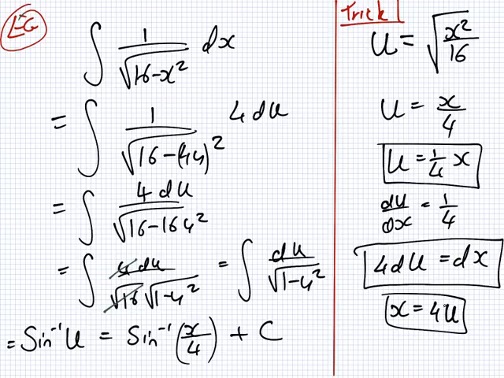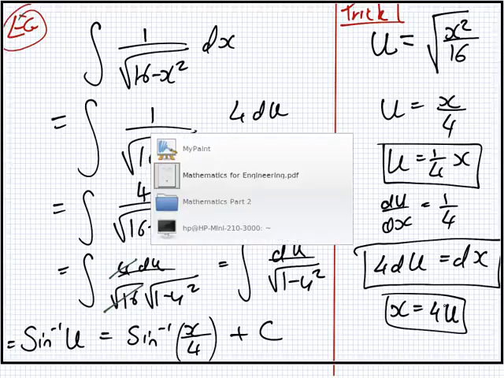Okay. Let's have a look here. I want to give you one like this to try, but a little bit harder. I want to see if you can figure out the extra step.